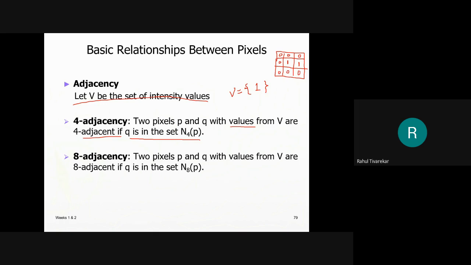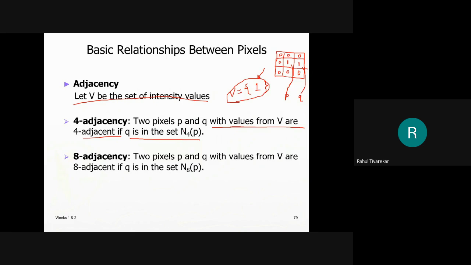Okay. Now two pixels P and Q. Let's say this pixel is P and this pixel is Q. Then these two pixels have values from V. So as you can see, this pixel has value 1, this other pixel has value 1, and both of the values are actually present in this set V, right?